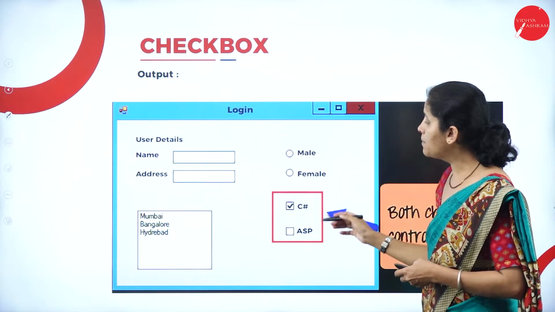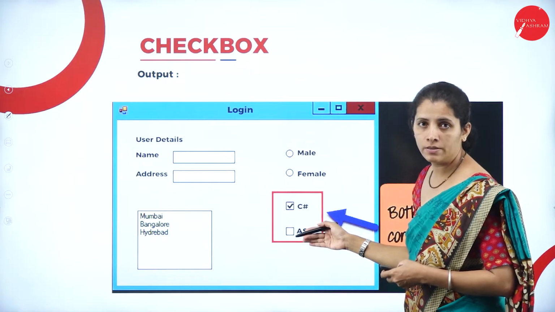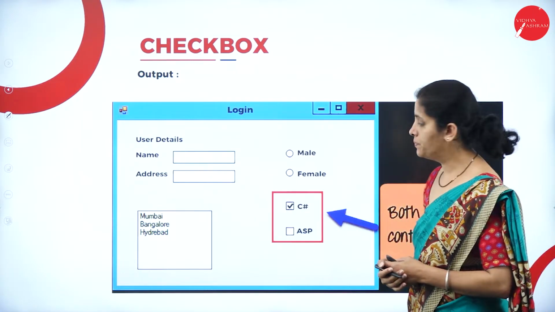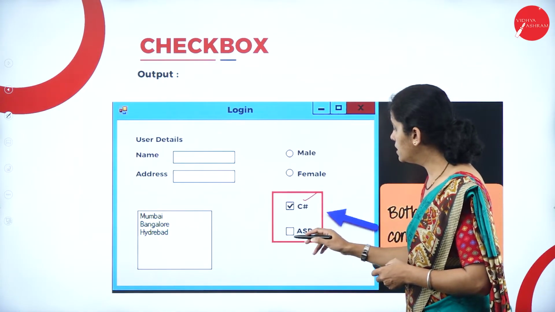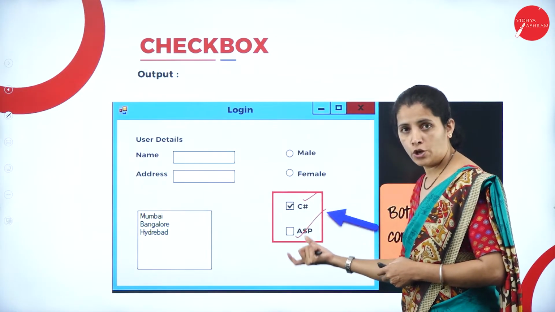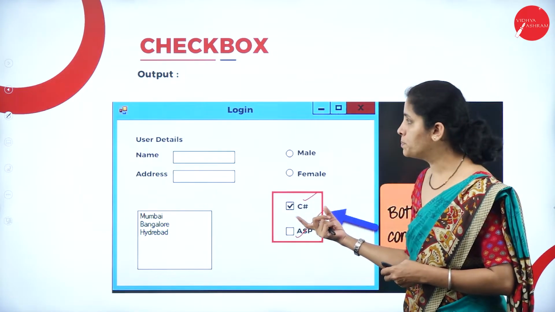I'm going to provide multiple options to the user. So here I'm going to provide C# and ASP. So here the user can select both the options or only one option.